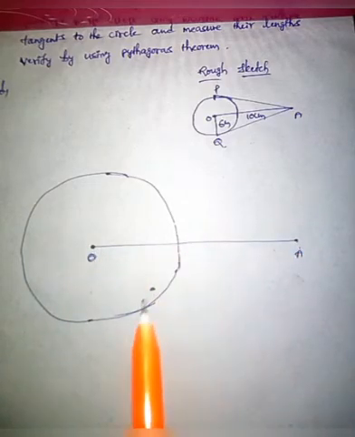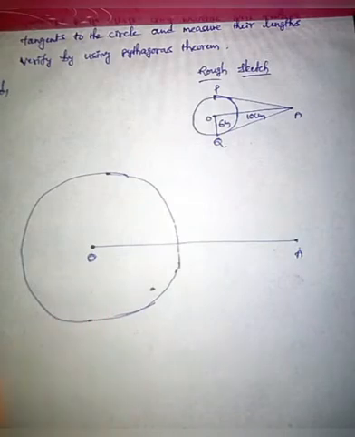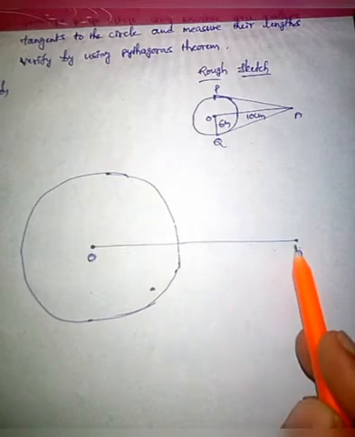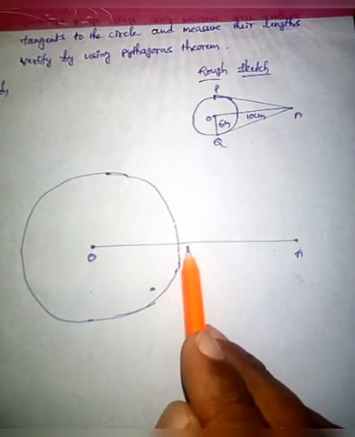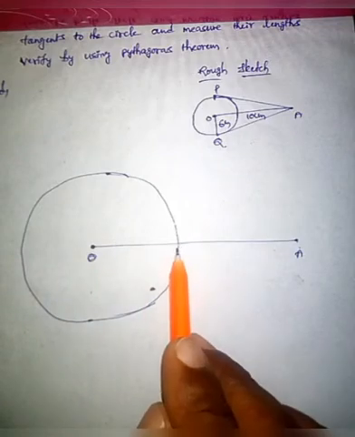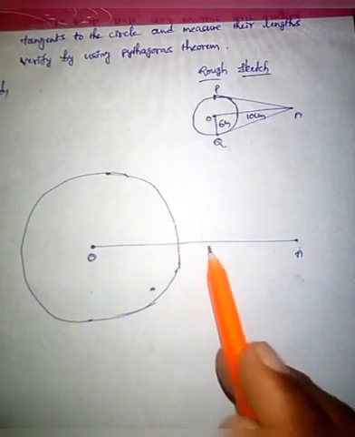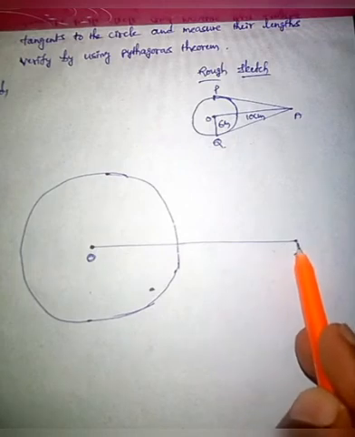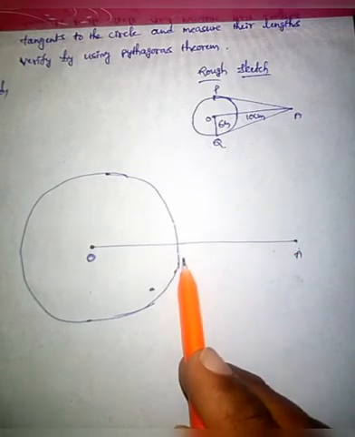Okay, for drawing the perpendicular bisector, you need to select a radius which is greater than half of the line and less than the actual length. The actual length is 10 centimeters, half of the length is 5 centimeters. So you have to select a radius greater than half of the length of the line and less than the total length of the line.